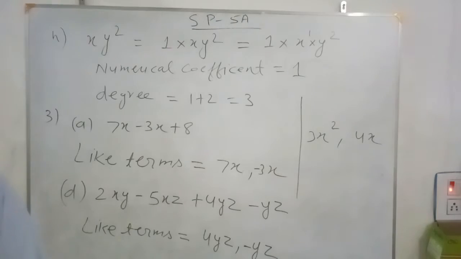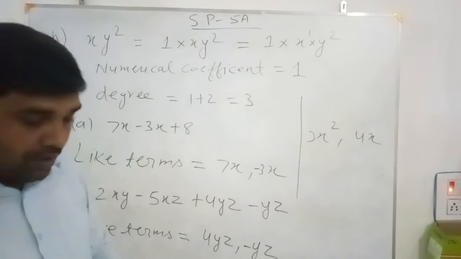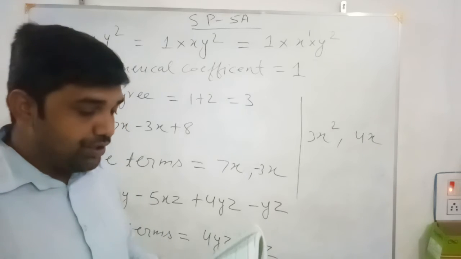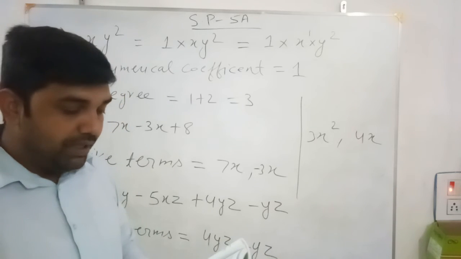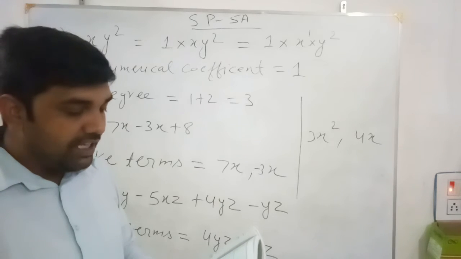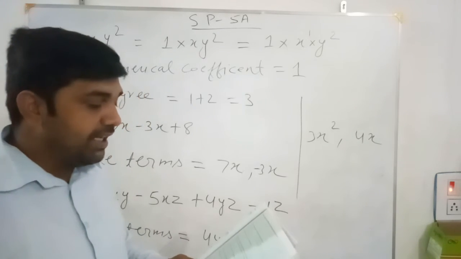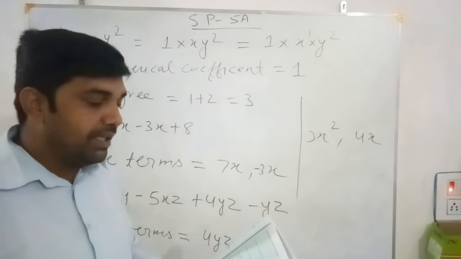Similarly, we have to find the like terms in each expression. Now you can see the next question. Question number G. In question number G, r plus s, r minus s. So here in the first bracket, 8 multiply r plus s, and minus 3 multiply r plus s.